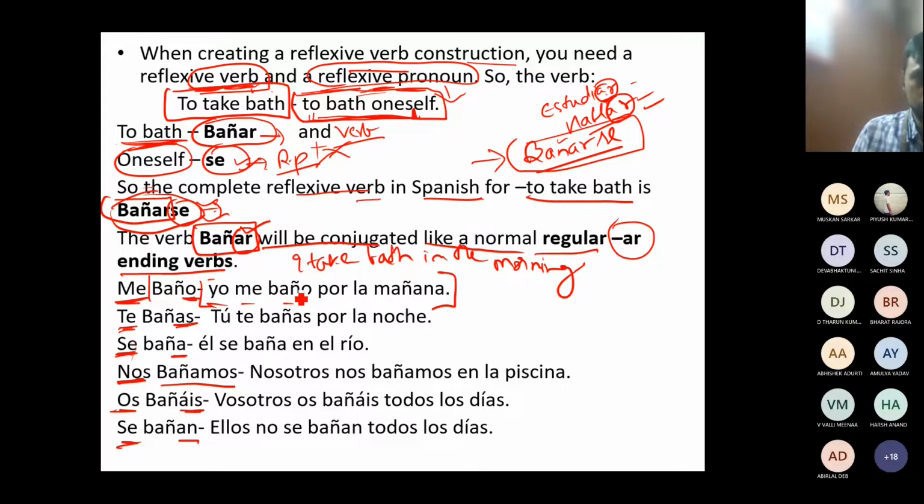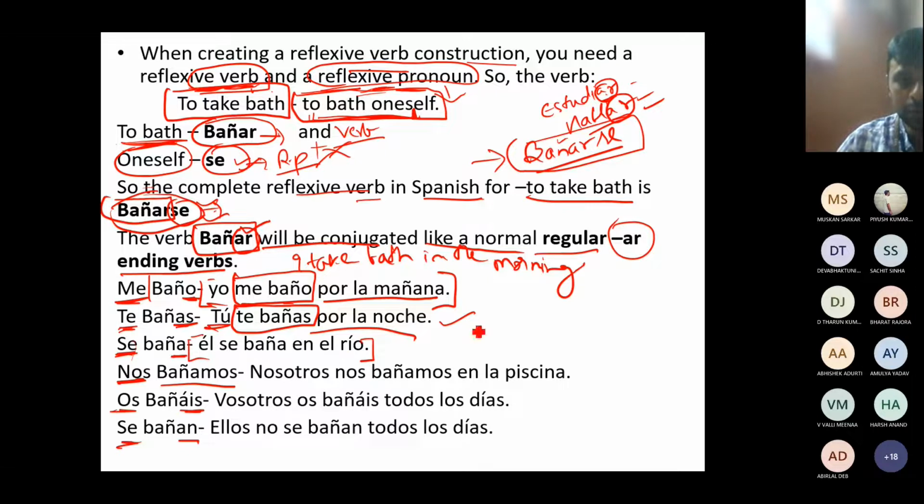Yo me baño, so this is the first form of bañarse, and then in the morning is por la mañana. Similarly, if it is the second person, the form of bañarse is changing to te bañas and then por la noche. Now here the sentence has changed a little bit. So instead of saying you take bath in the morning, it is you take bath at night.